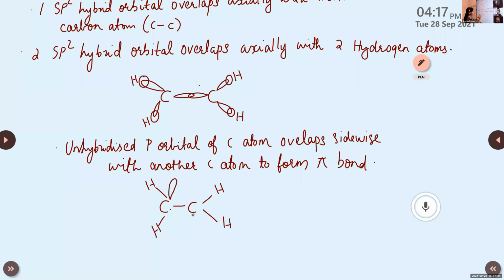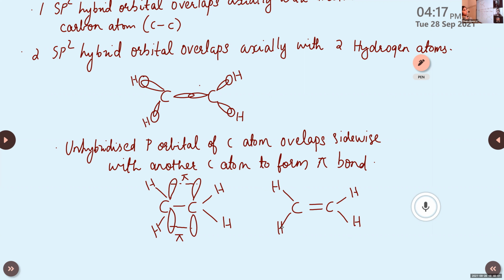And the sidewise overlapping can also be noted. So here the pi bond will be formed. So now the structure will be like this: carbon-carbon double bond, then hydrogen atoms. Due to the presence of the unhybridized p orbital, they will overlap sidewise and the formation of the pi bond takes place. Due to the presence of this pi bond, a carbon-carbon double bond is formed. That's why it will exist as the ethene molecule.